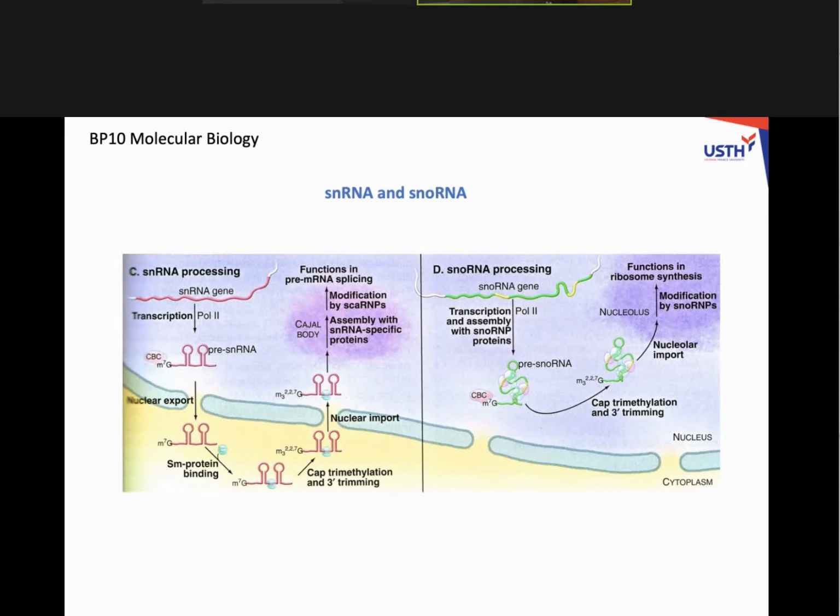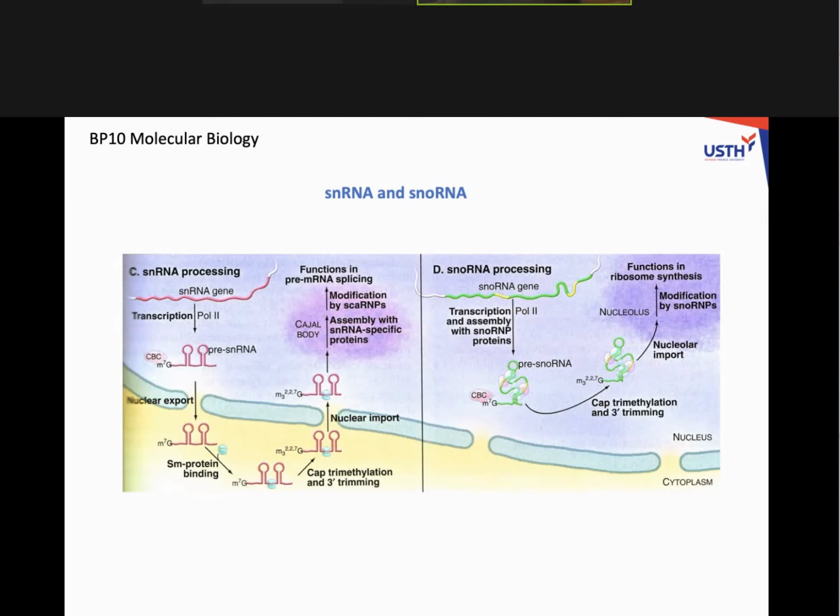But you have to keep in mind that in order to have the step of splicing happening, you need other genes also transcribed by Pol2 that are going to give rise to snRNA that are going to be part of the complexes that are responsible for splicing.